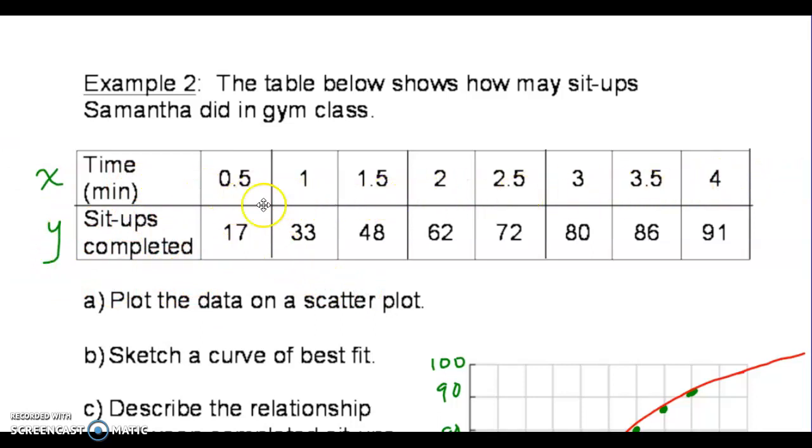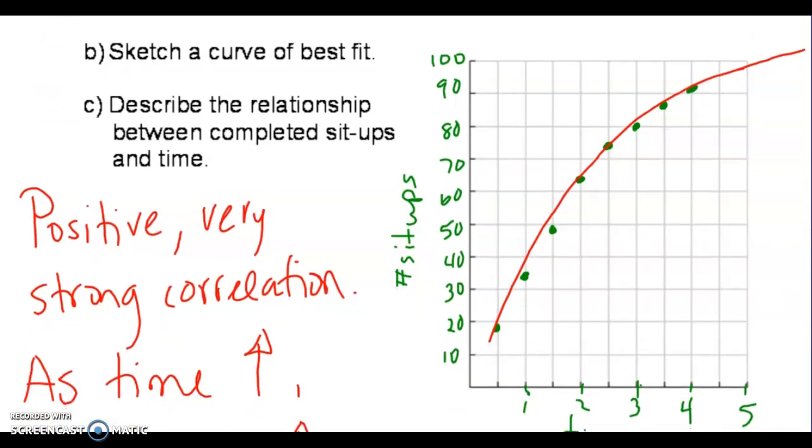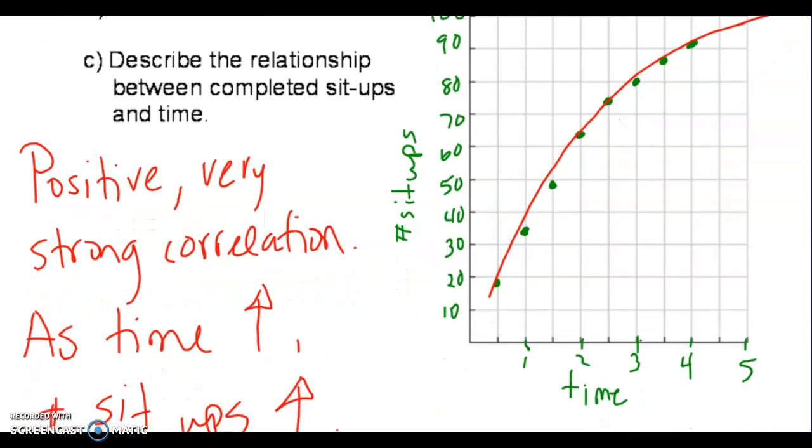So I'm going to need to show 0.5 to 4. And for my y-axis, I'm going to need to show the values 17 through 91. So I need to think about an appropriate scale. Okay, so on my scatter plot, I've got time as my x-axis, going up by increments of 0.5. Y-axis is number of sit-ups, choosing increments of 10.